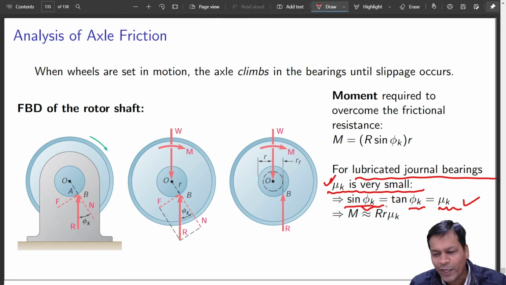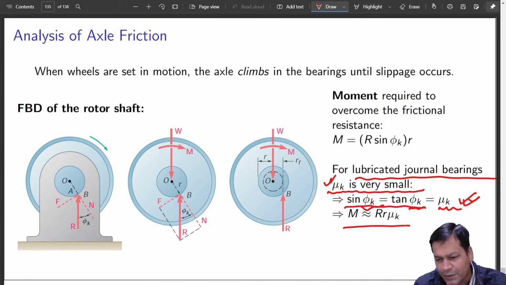Hope you remember why: hypotenuse is almost equal to the base, the perpendicular. That is a standard assumption that we have been making for a long time now.